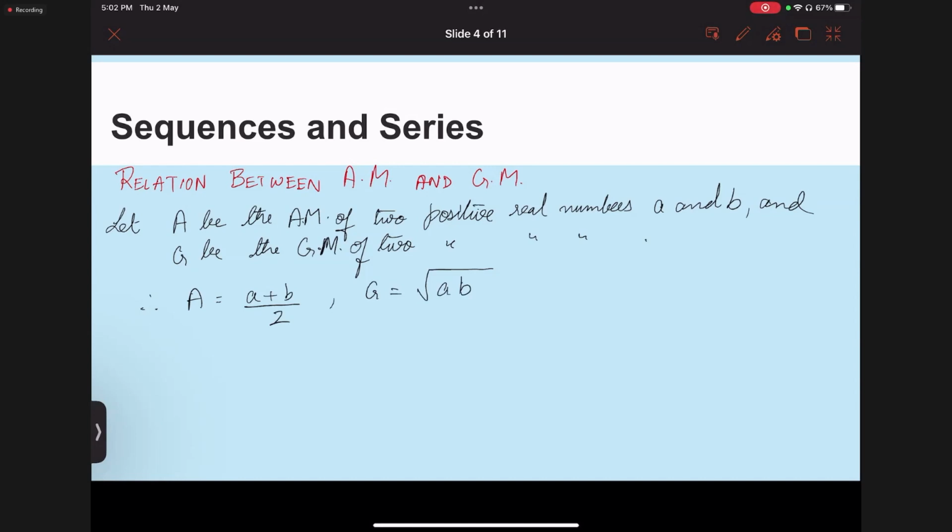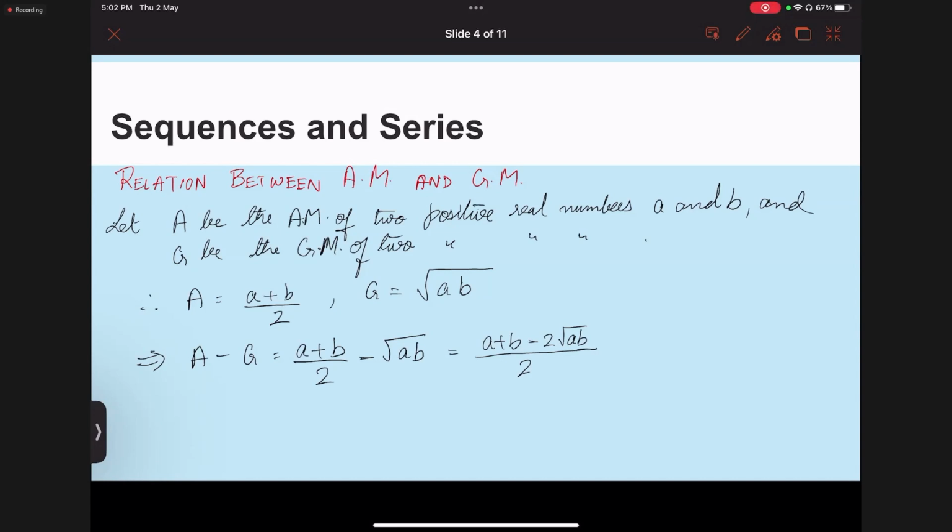Now, if we take A minus G, so what do we get this as? (a plus b) by 2 minus root of ab. Okay, now if you get the common denominator as 2, you have (a plus b minus 2 root ab) by 2.